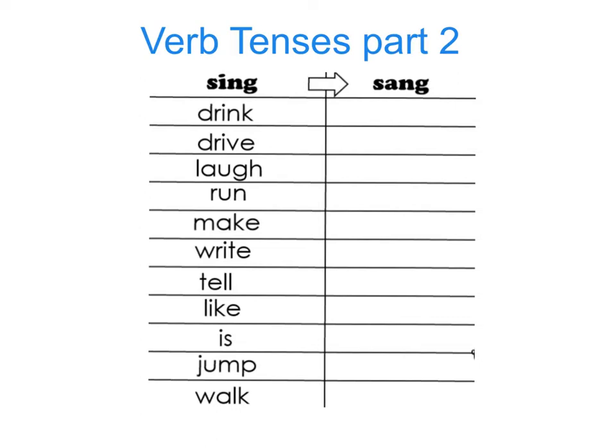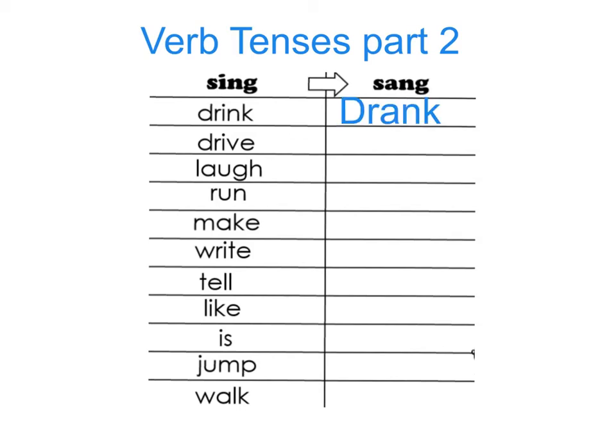You will need to write each of the verbs in the present tense into the past tense on the right column. The first example has been done for you. The word sing in the past is sang. I will do one more example with you. The word drink becomes drank in the past tense.